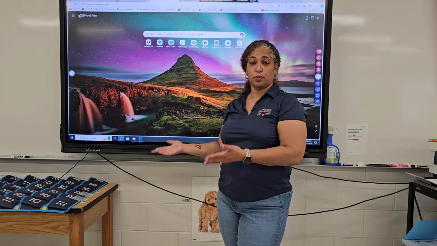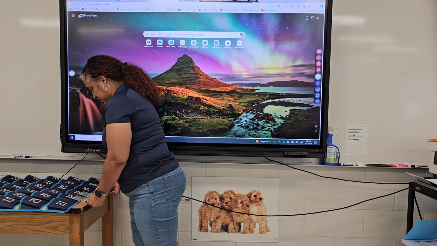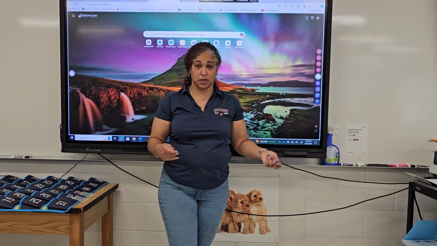The heavier the object is, the more friction is going to impact your ability to push the object.